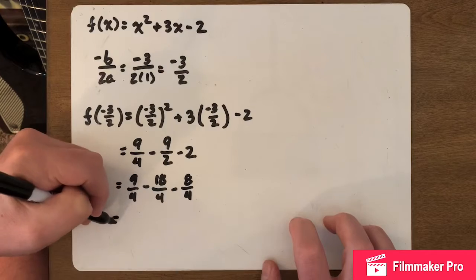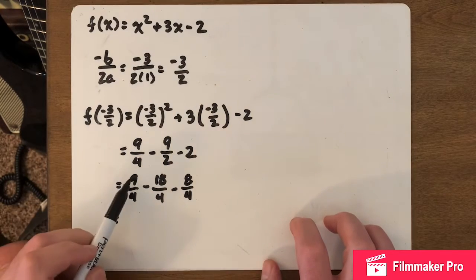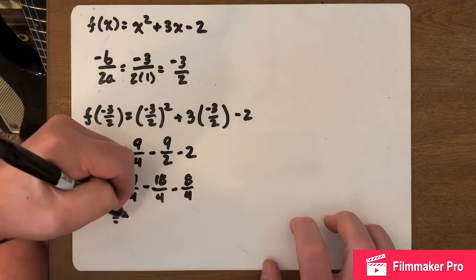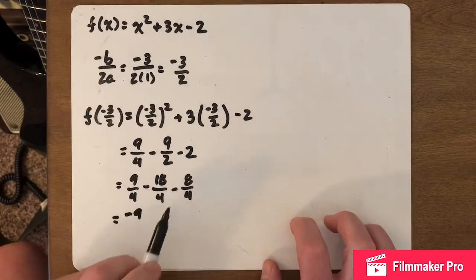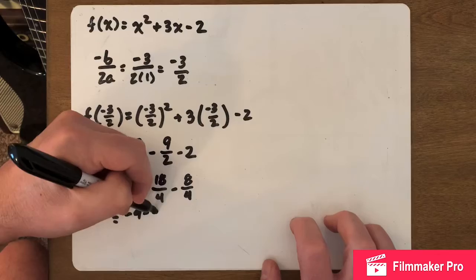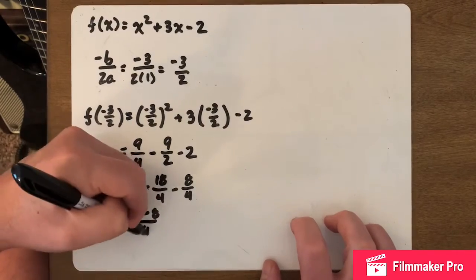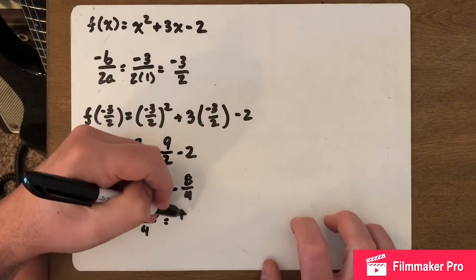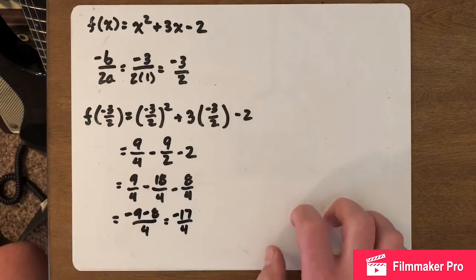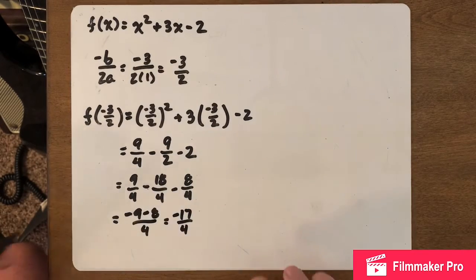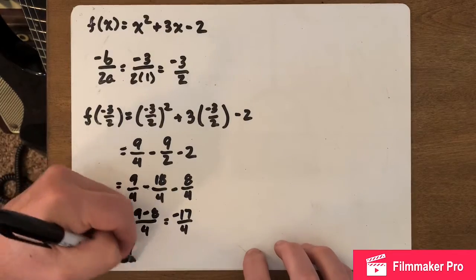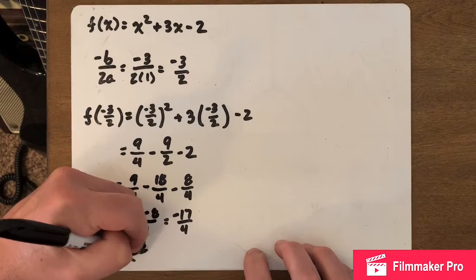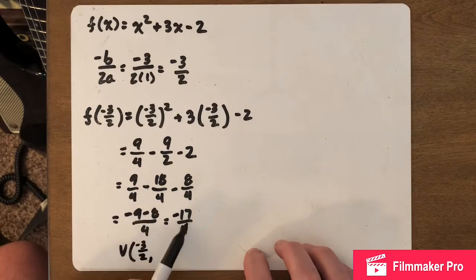So now we have 9 minus 18 minus 8. 9 take away 18 is negative 9, still minus 8, all over 4, which equals negative 17 over 4. So my vertex, finally, is going to be negative 3 halves, comma, negative 17 over 4.